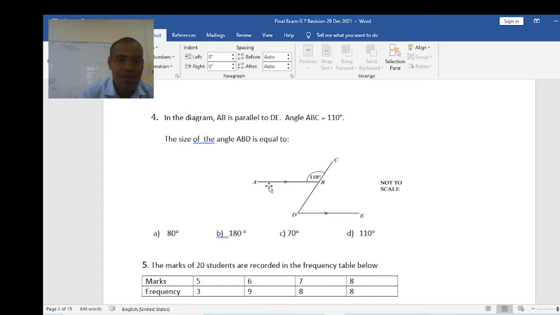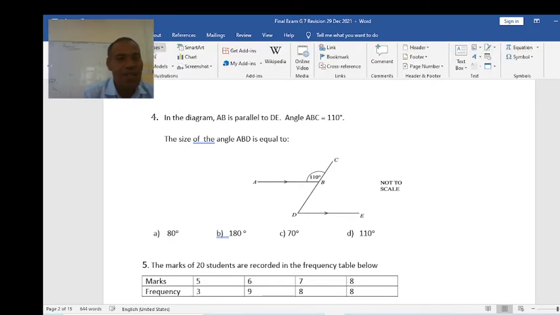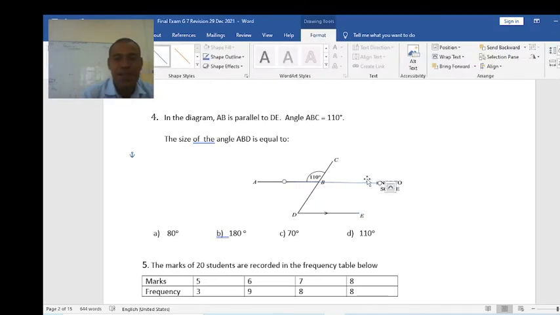Alternate angles to this, because this is the letter Z. If you see the letter Z, this angle is equal to that. And corresponding angles, you see this F. This F, I will just extend the line like that. This is the letter F. This angle is equal to this.